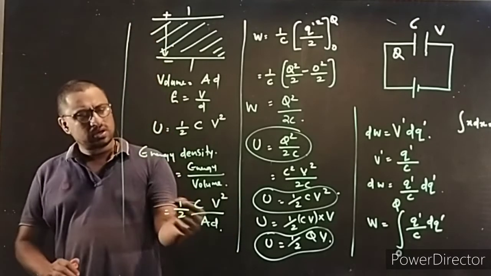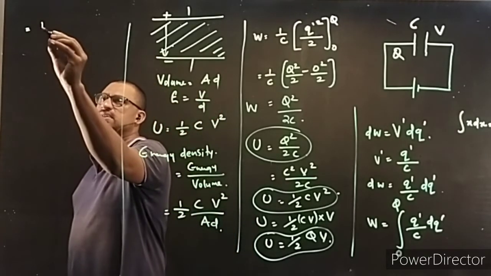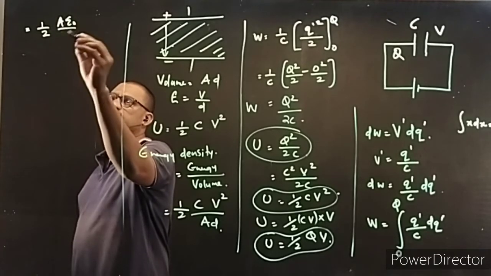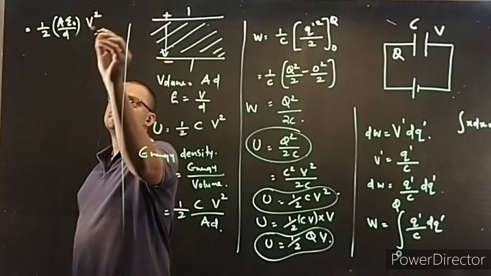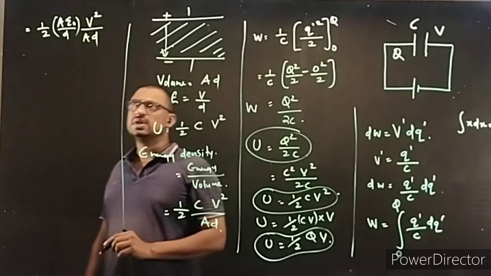Now let's do some operations on it. For a parallel plate capacitor, half C is A epsilon 0 by D, so half V square by AD.